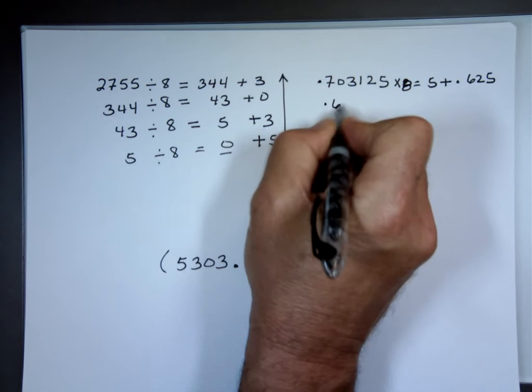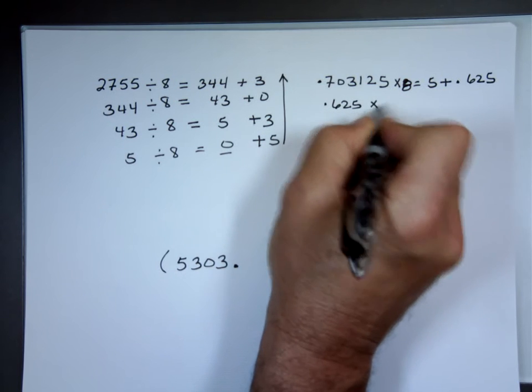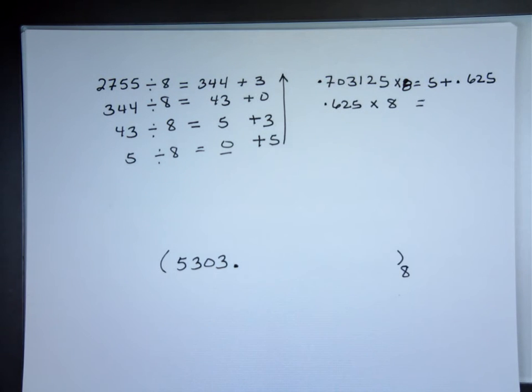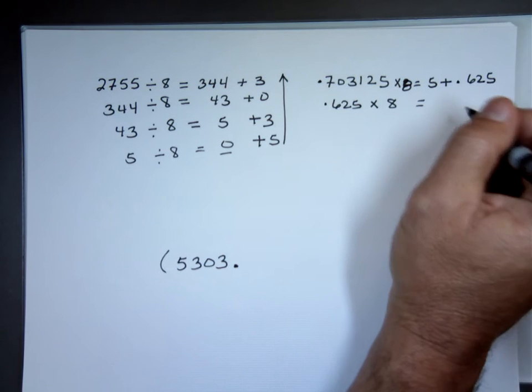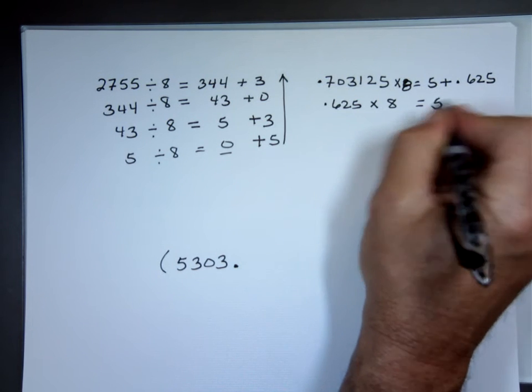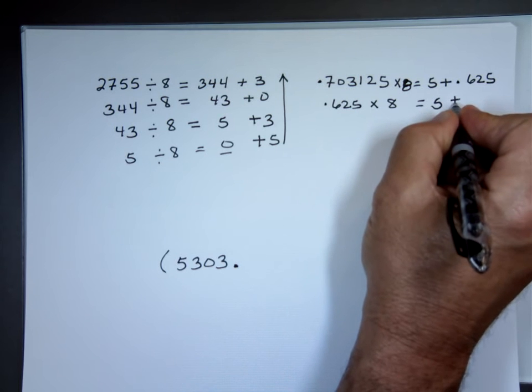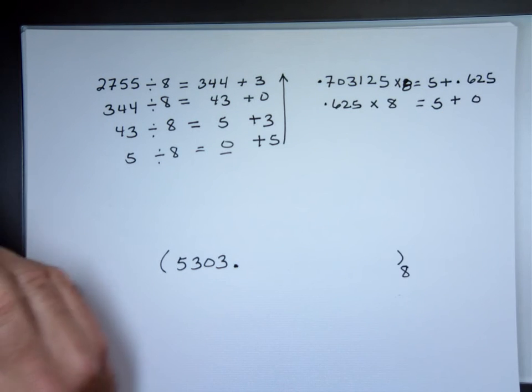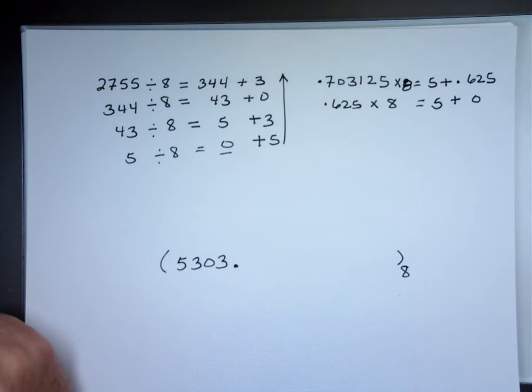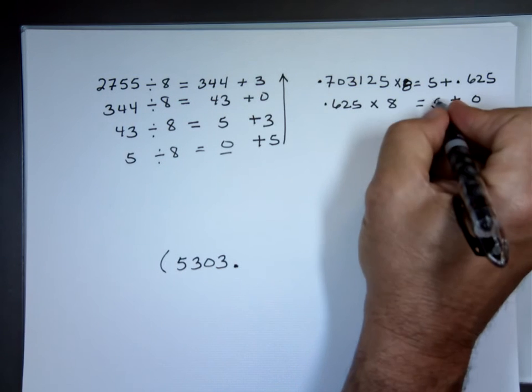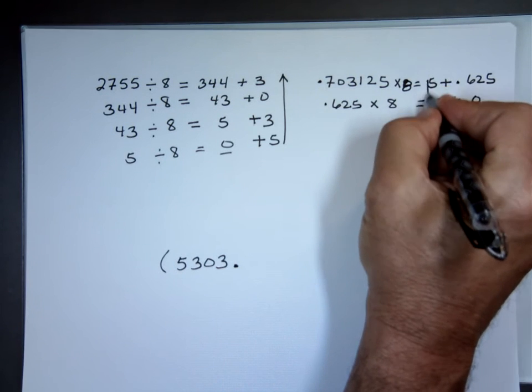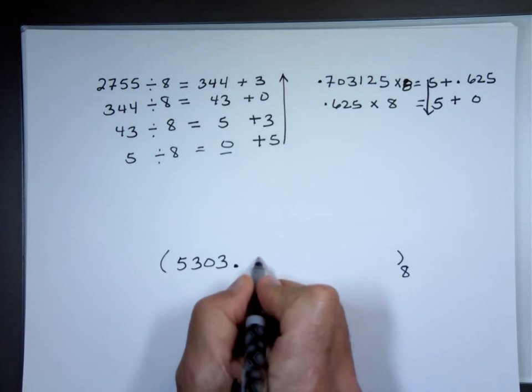Take the 0.625, multiply it by 8. What do you know? 5, and what's the remainder? I got a 0. So when you read this, you read them down, that's 0.55.